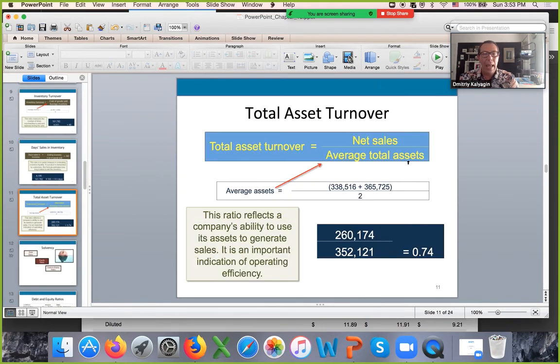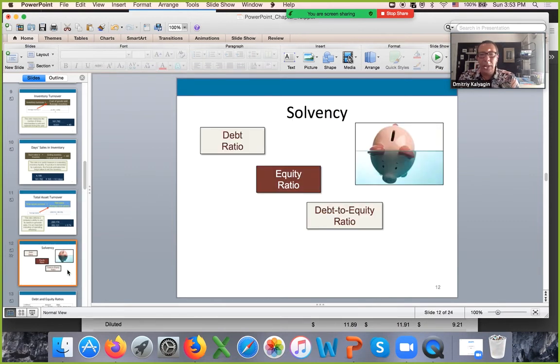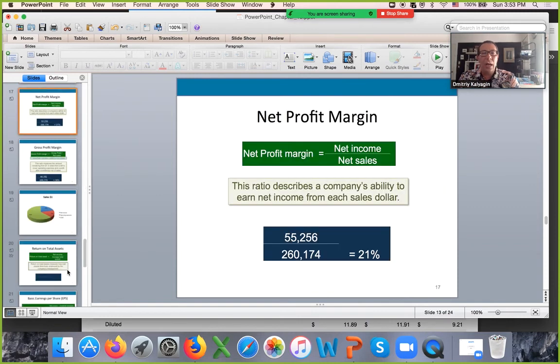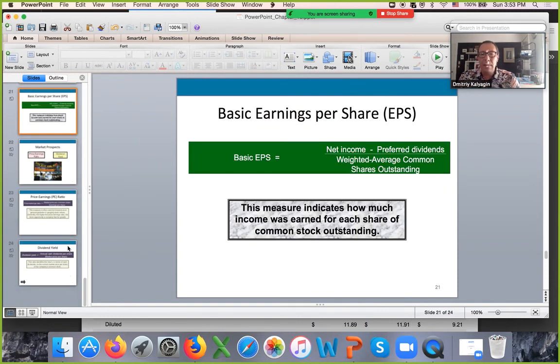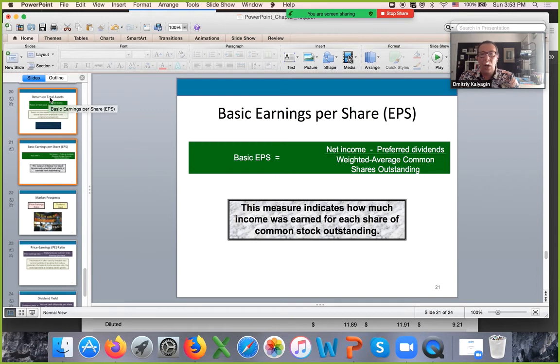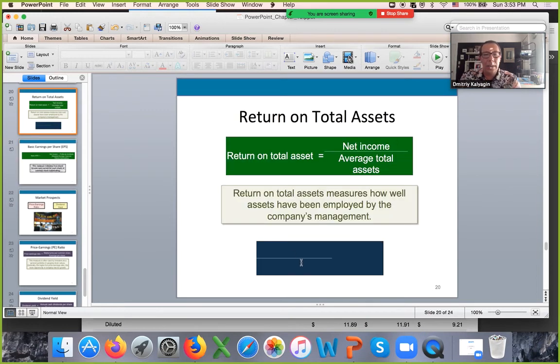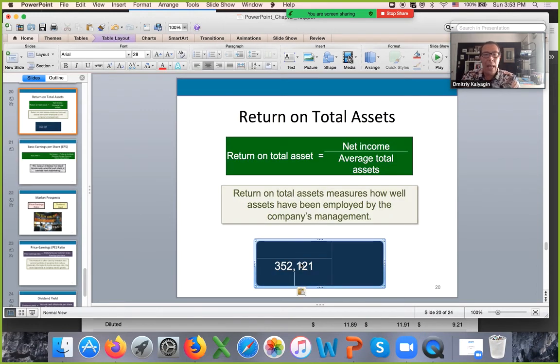Average total assets were already calculated, so I'm going to copy this. And guys, that goes into the denominator. And in the numerator, we're going to place net income that we've used before.